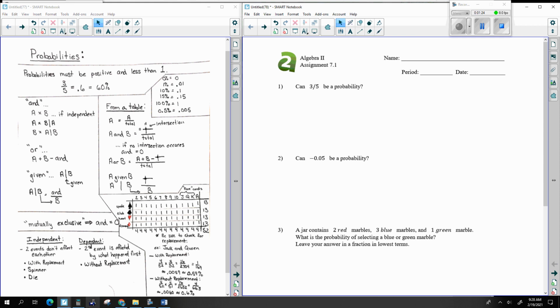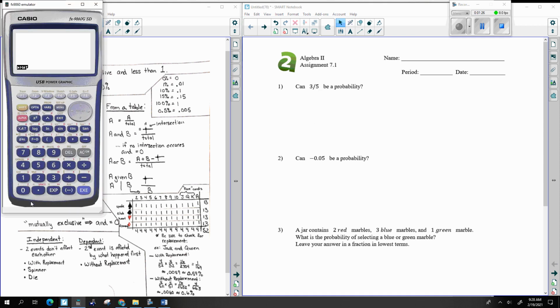So if I take a look at this very first one, which is 3 over 5, that is the same thing as saying 0.6. So what do I notice about this?